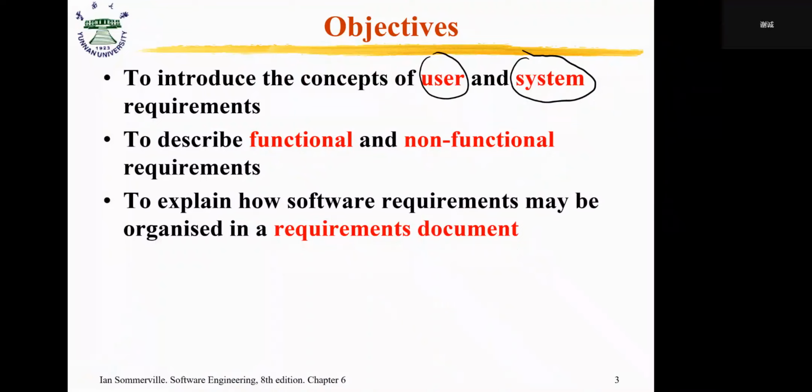Requirements have two categories. First is the user requirement. Second is the system requirement. So normally, who is required to read the user requirement and who is responsible for the system requirement?